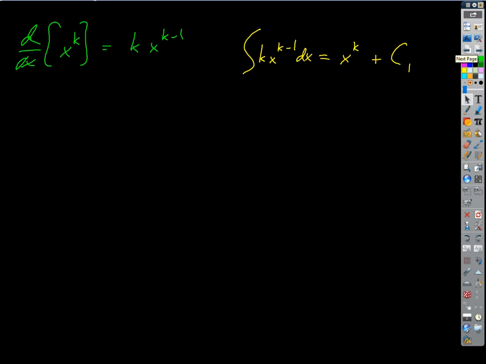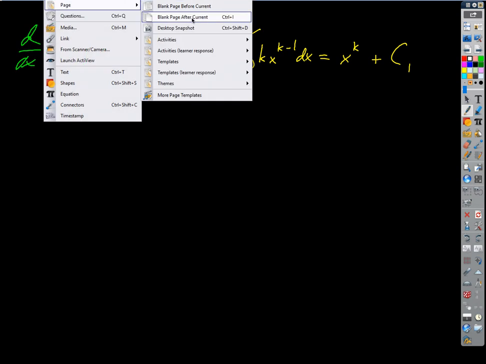So for example, you tell me, and this is kind of a weird standard form, but if I take the derivative with respect to x of secant x equals, what is it? Secant x tangent x.